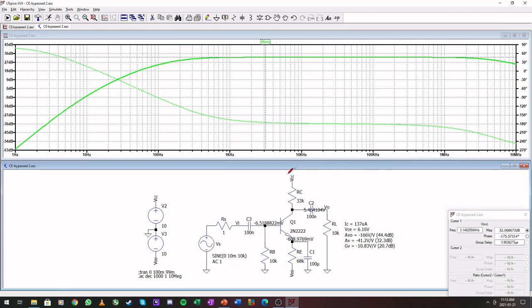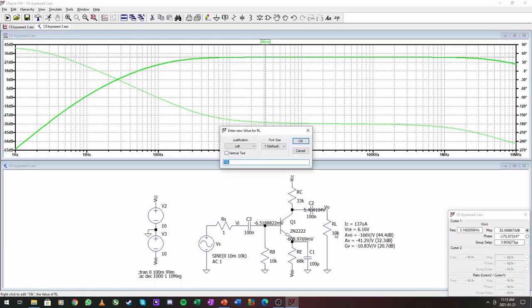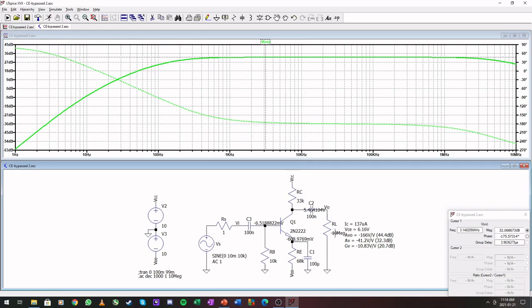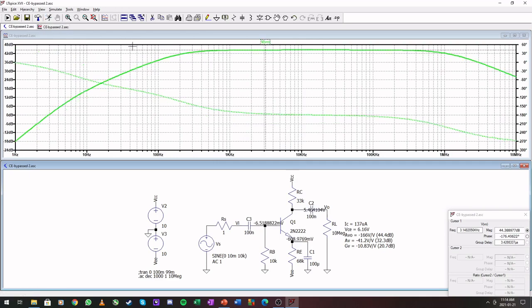That's close to 32.3. And then lastly, our maximum gain, 44.4 roughly. And there we have it. Second amplifier checks out.